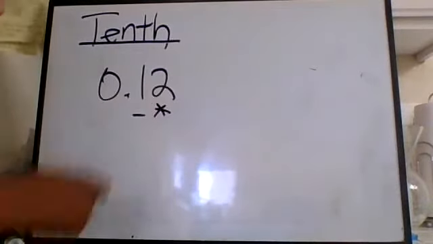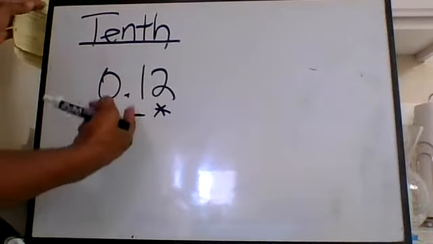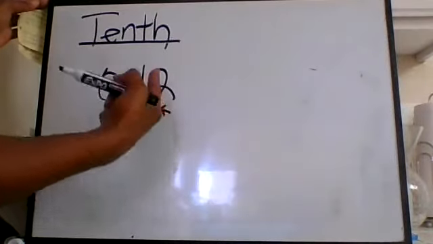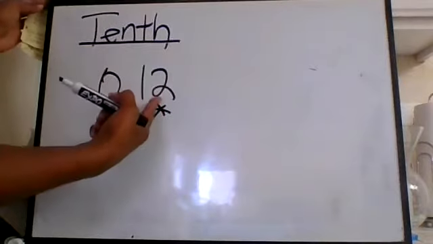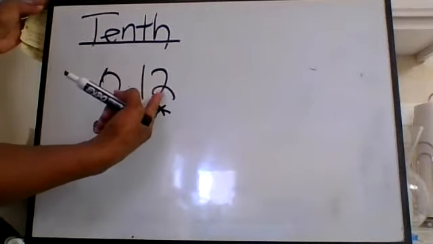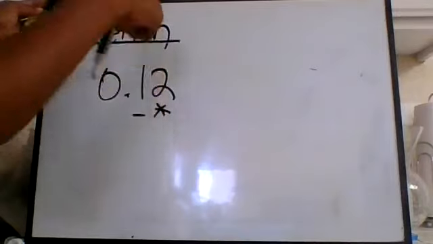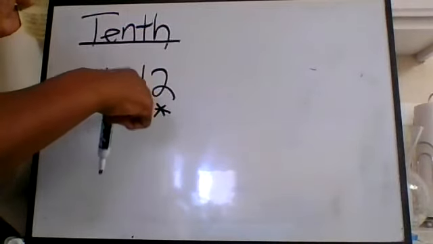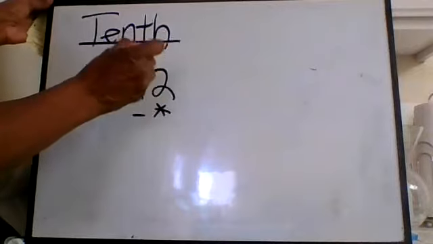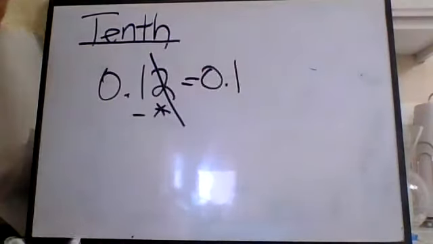So anytime you're rounding to the nearest tenth, you start with the hundredths place. Here are the rules: if this number is 5 or greater, you round up. If it's less than 5, you round down. This is less than 5, right? So this comes off, and the answer is 0.1.